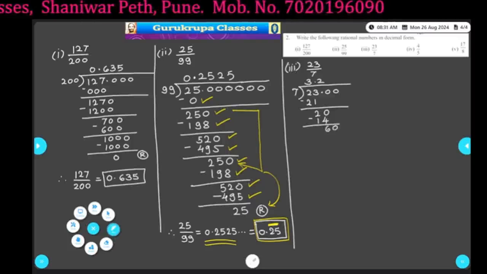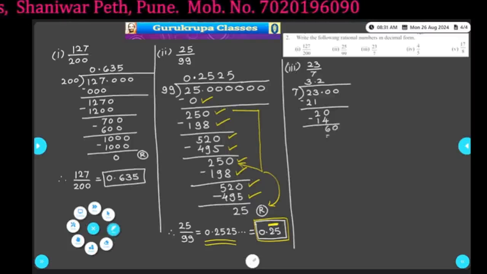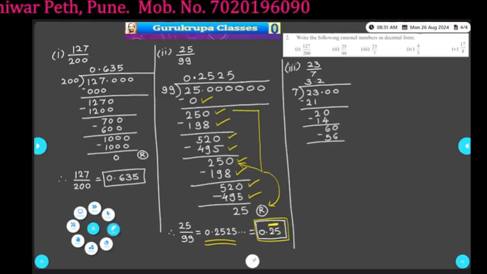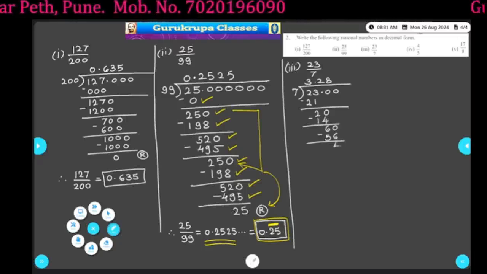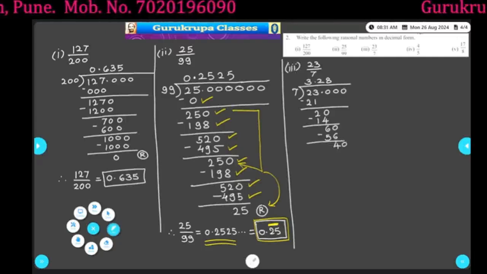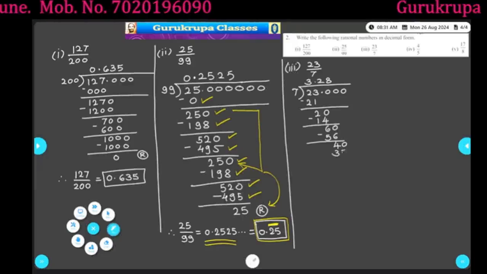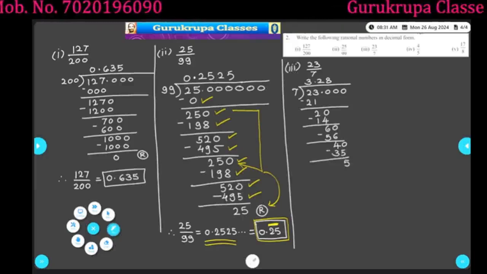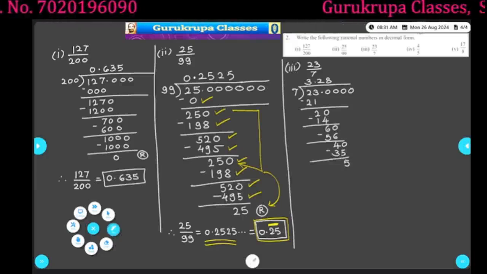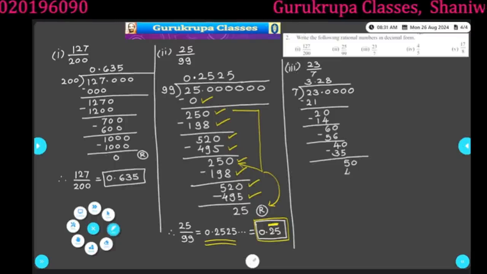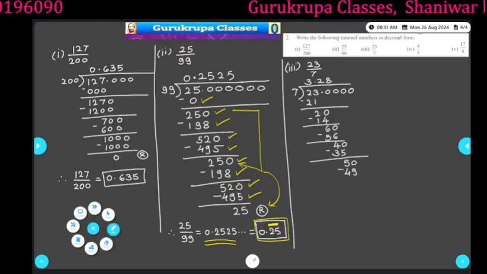So 7 eights are 56. Then we get 4. Again we add 0 to that, 40. 7 fives are 35. Then we get 5 over here. We take 0 for our dividend section. Then 7 sevens are 49.